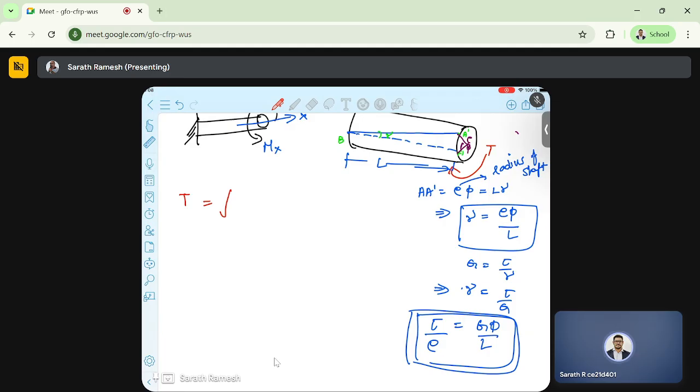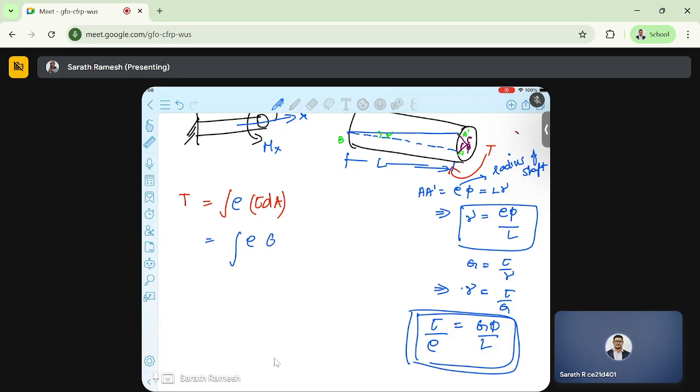The stress is the shearing stress, tau into dA is the total shearing force, and the lever arm is R. Let me write rho here. So we can substitute for tau as integral of tau rho.